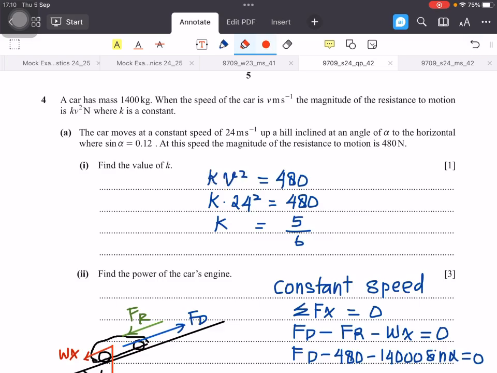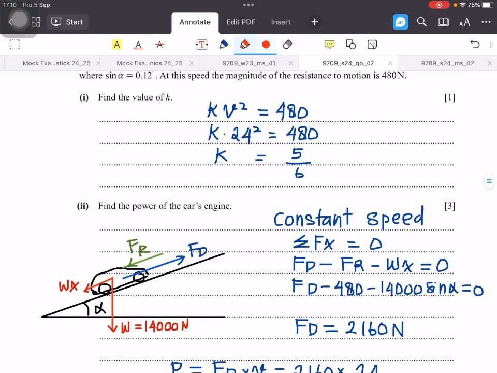And then v is 24 meter per second. So k times 24 squared is equal to 480. So k is equal to 5/6.